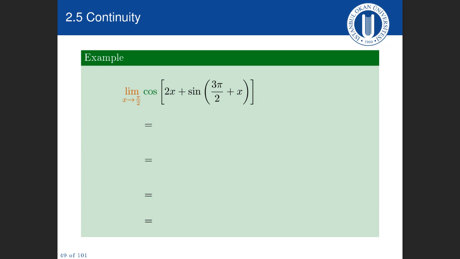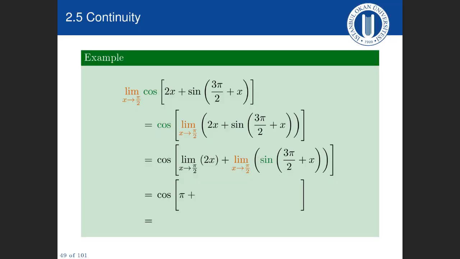So for example, the limit as x tends to pi over 2 of cos of 2x plus sine of 3 pi over 2 plus x. Cos is a continuous function. Because it's a continuous function, we can swap the limit and the cos. Instead of limit of cos, we can write cos of limit. Now, inside cos, I have limit of 2x.